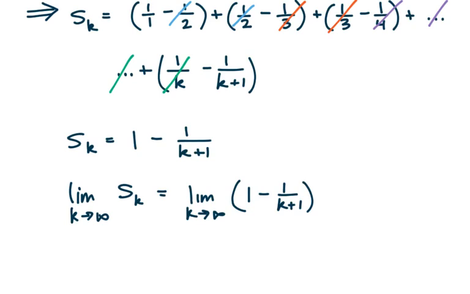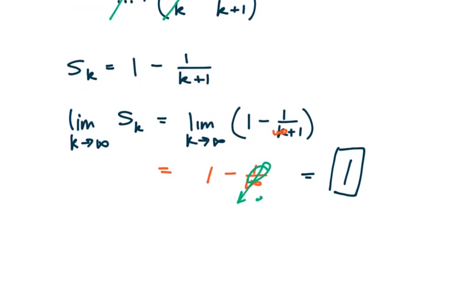When you evaluate that limit, you plug infinity in for k, and you get 1 minus 1 over infinity. We all know that 1 divided by infinity goes to 0. So my sum here converges to the value of 1. As k went to infinity, the sum approached the value 1.